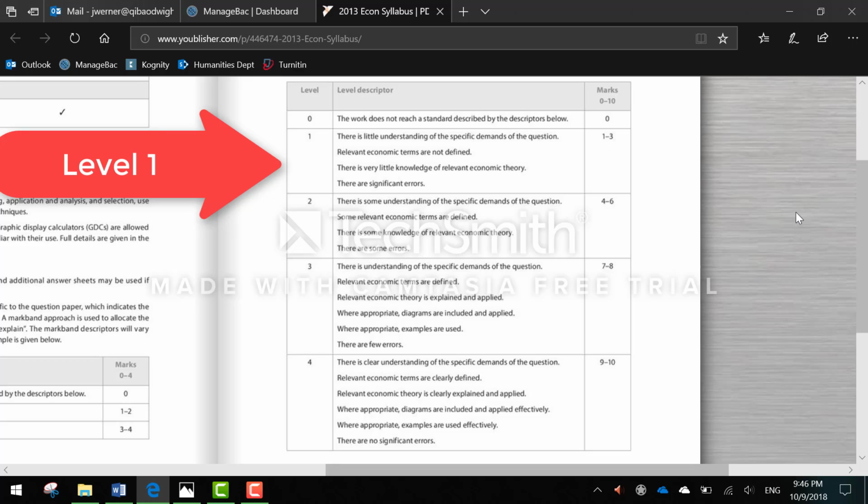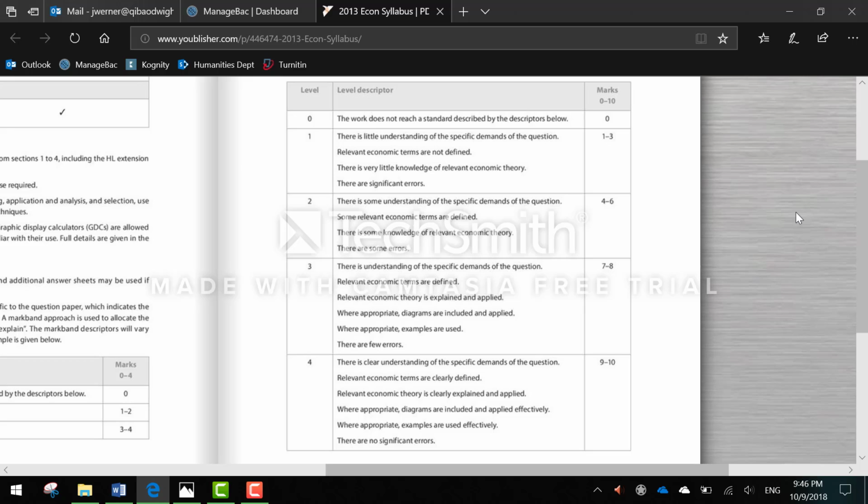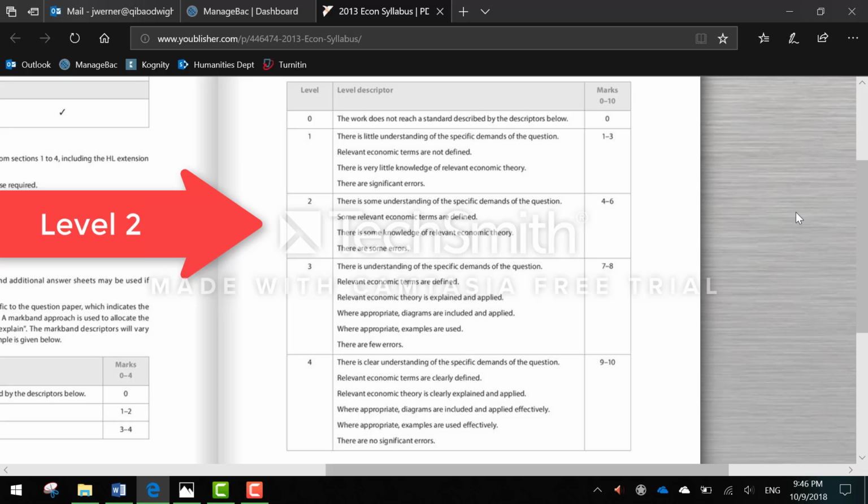Maybe the student, in this example, gives you everything we need to know about demand, for example, rather than supply. I think level 2 is the one to really focus on here, because this is some of everything: some understanding, some relevant economic terms, and some knowledge of economic theory, with some, or we could probably say, multiple errors.